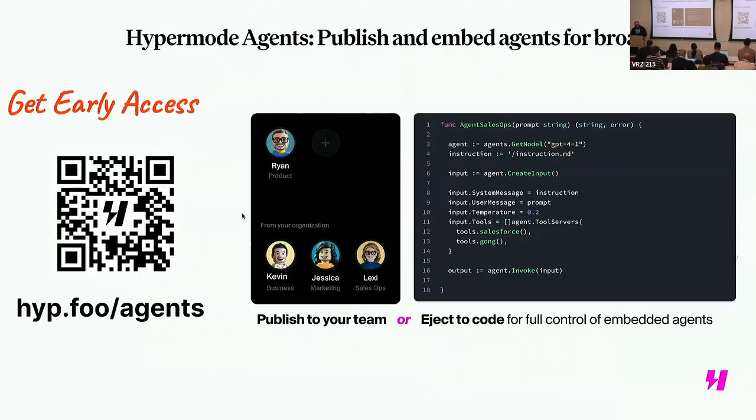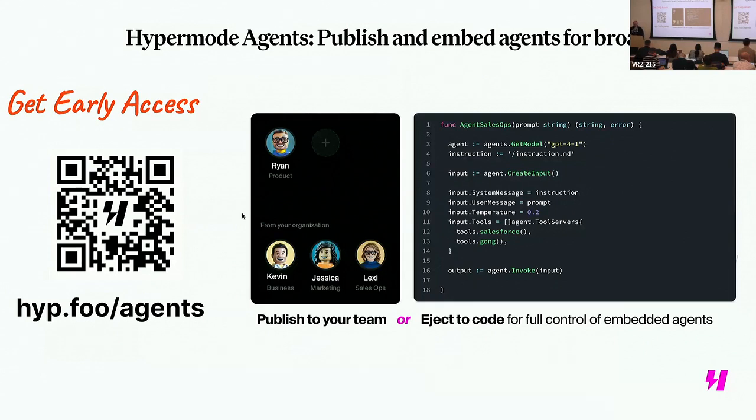This is something we're really excited about, that we've been building internally: Hypermode agents, which allow us to go from prompt to running an agent in the Hypermode platform, connecting through MCP to these different MCP servers to act on the environment, but then being able to eject to code.